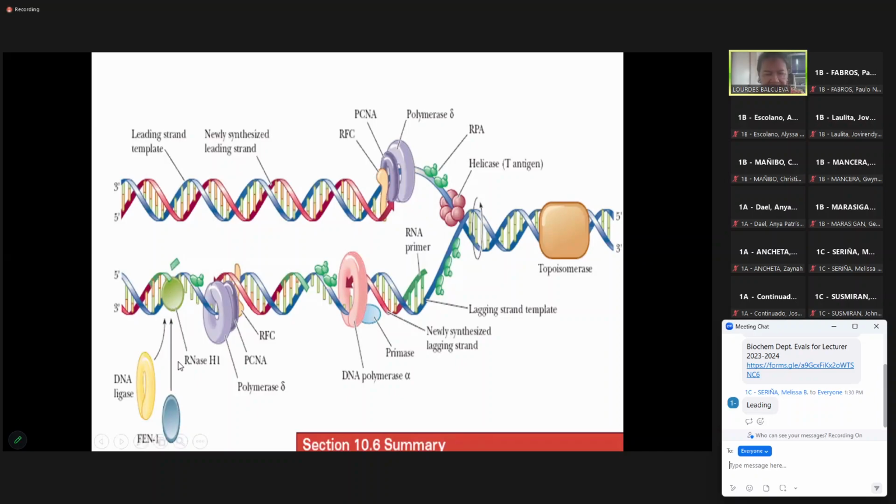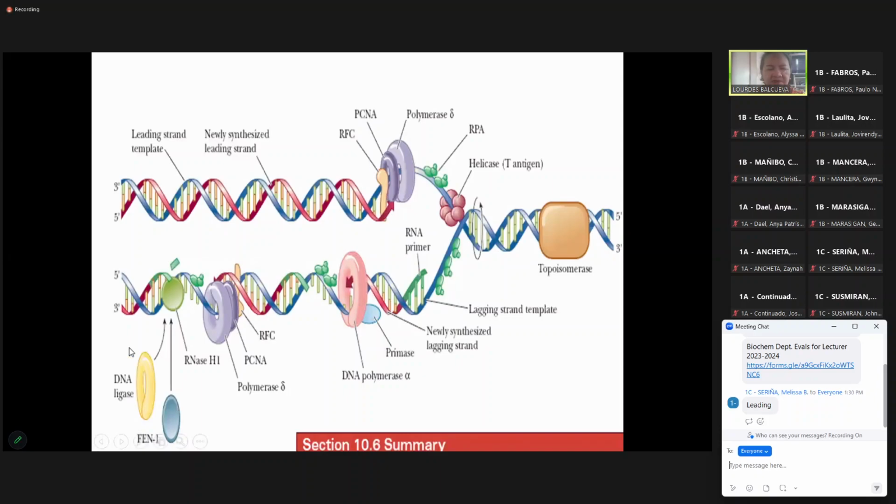RNAs. RNAs and FEN1 are responsible for the release of the RNA primers. Remember, your RNA should not really be a part of your DNA molecule.